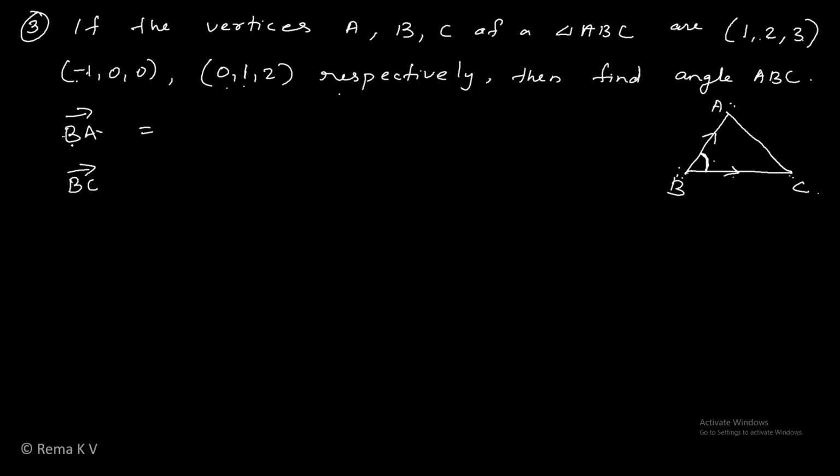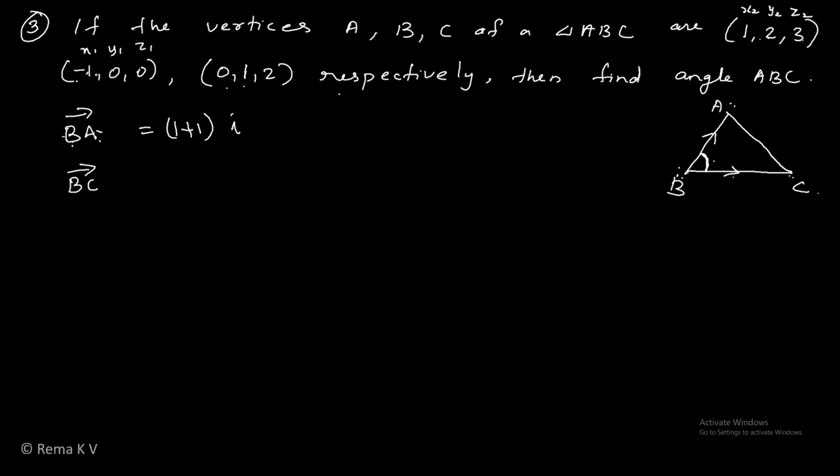So to write vector BA, x2 minus x1 i, y2 minus y1 j, z2 minus z1 k.